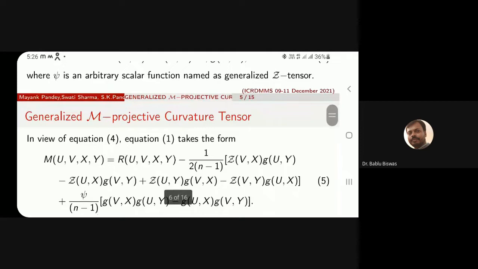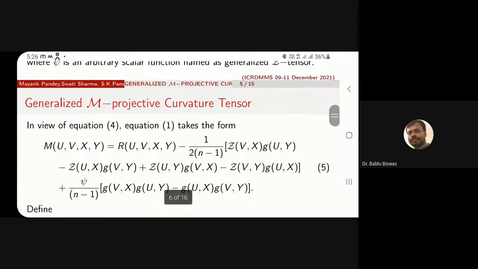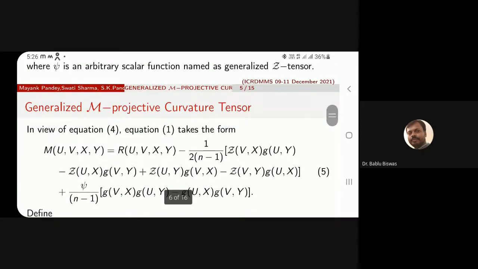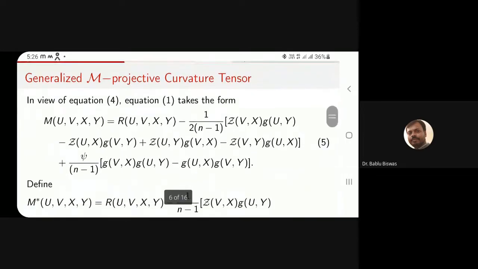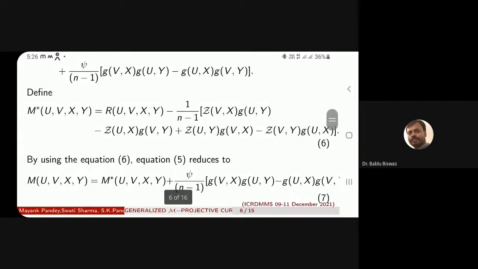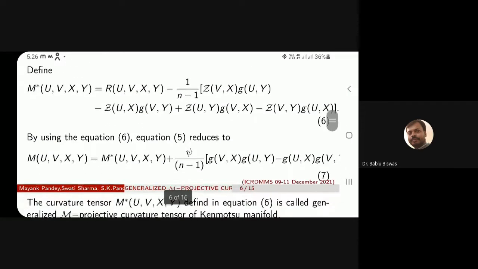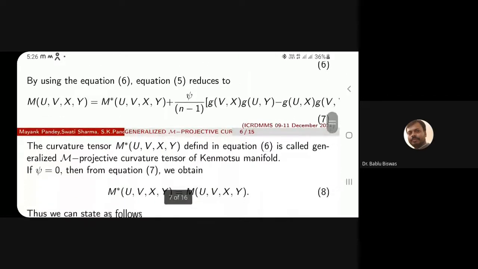Generalized M-projective curvature tensor, in view of equation 4 in equation 1, takes the form of equation 5. Define equation 6; by using equation 6, equation 5 reduces to equation 7.